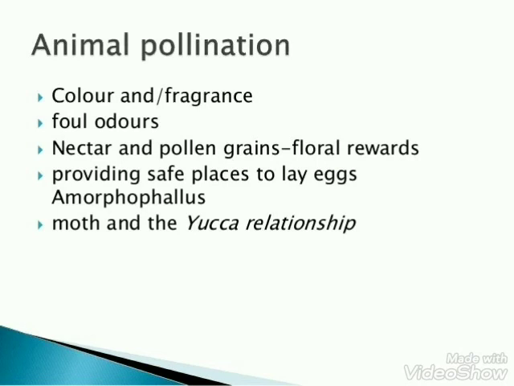The flower offers floral rewards like nectar and pollen grains to insects. In some species, floral rewards provide a safe place to lay eggs. The flower sometimes secretes a foul odor to attract insects like flies and beetles.